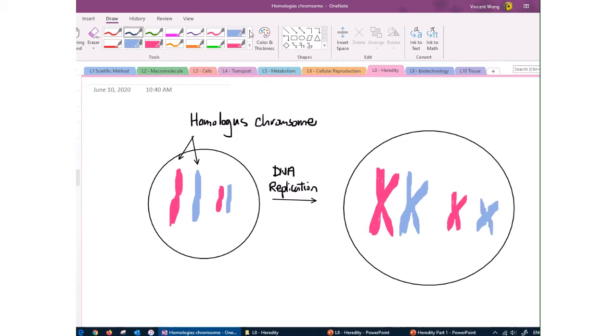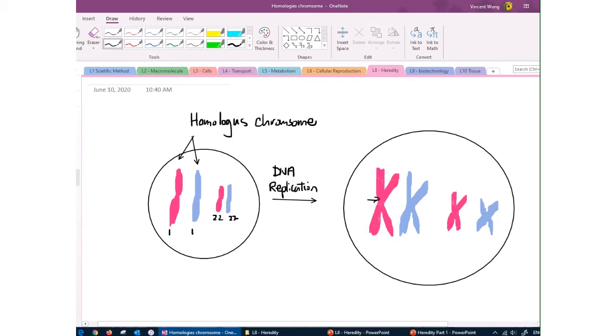So let me just put some numbers here for you. Again, this was chromosome 1 from mom, chromosome 1 from dad, from your mom and your dad. This is your cell, and then this is chromosome 22, and you would have the rest of them, which I'm not showing here. After DNA replication, they will be held together at the centromere.